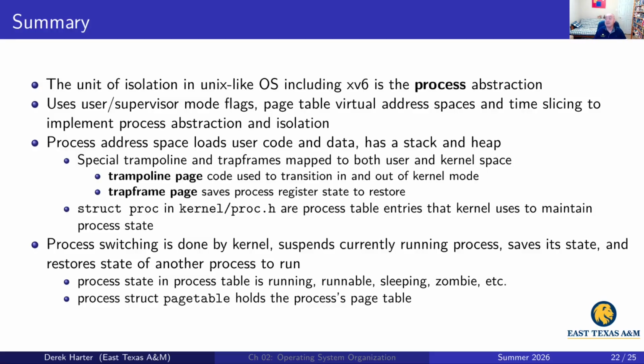So in summary, what you should have taken away from this video is that the unit of isolation in Unix-like operating systems is the process abstraction. Having support in the hardware for a user/supervisor mode flag and something like a page table for setting up virtual memory is essential to implement the process abstraction, one of whose basic functions is to provide isolation.